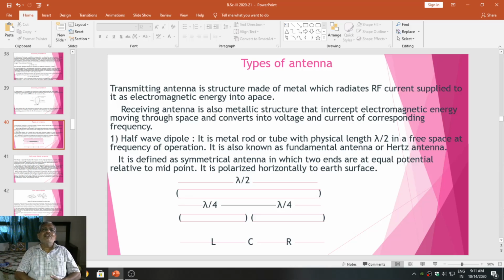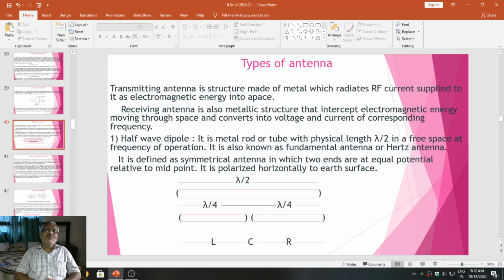Such an antenna we call a transmitting antenna. A receiving antenna is connected to the receiver and intercepts the propagated electromagnetic radiation in the space and converts it into a radio frequency signal.